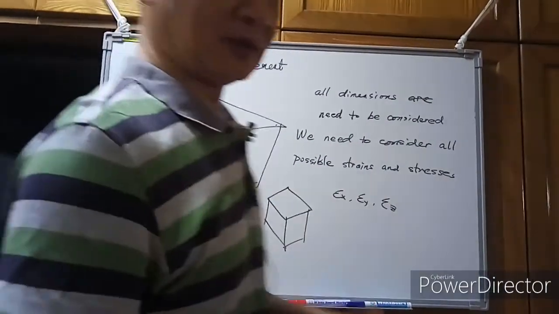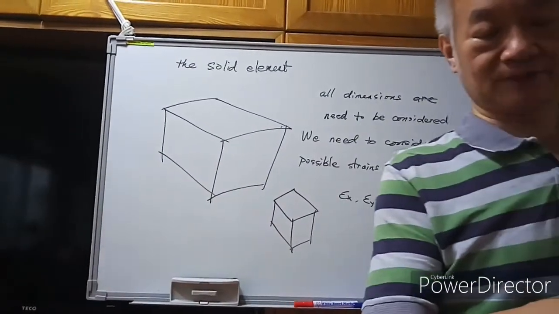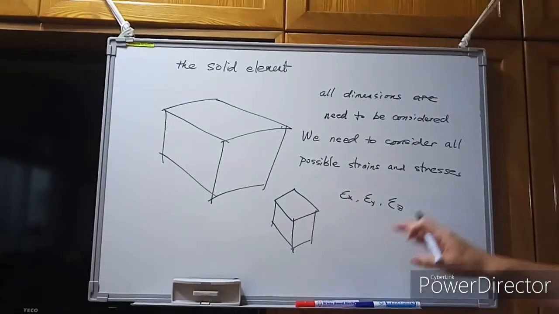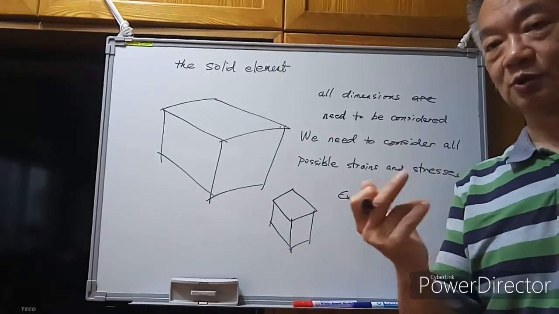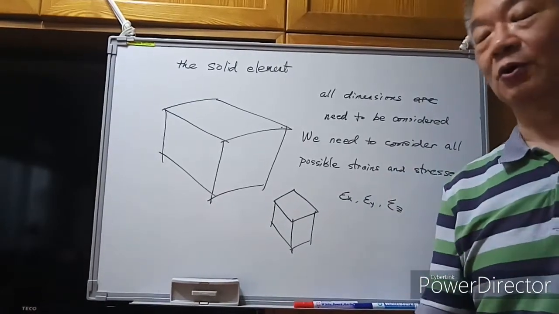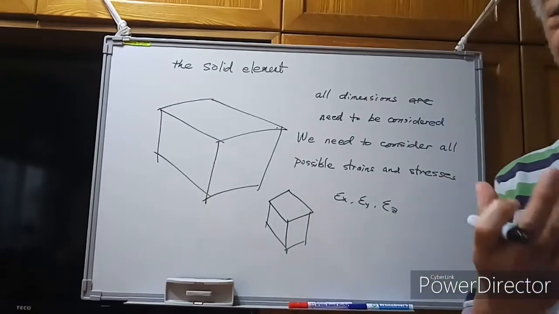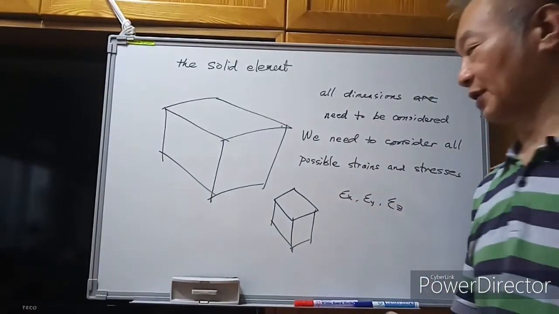If we define a three-dimensional orthogonal coordinate system, then we need to consider the normal strain along all three directions, x, y, and z.